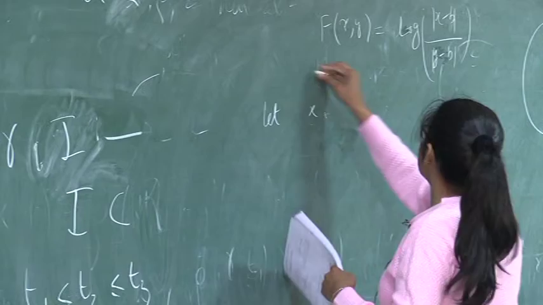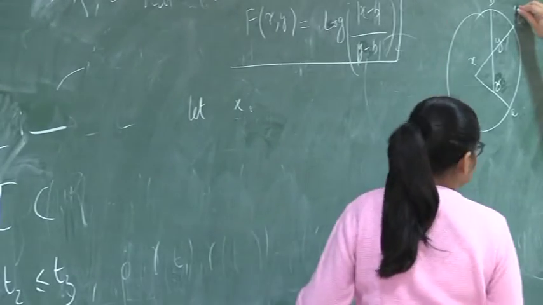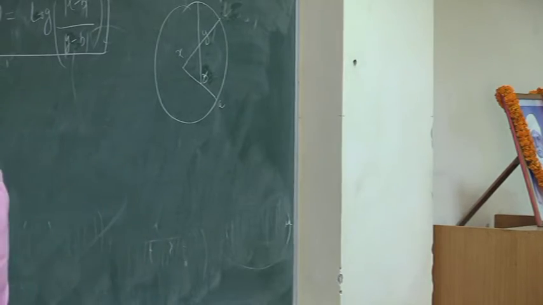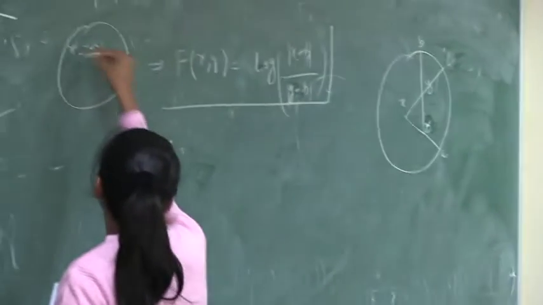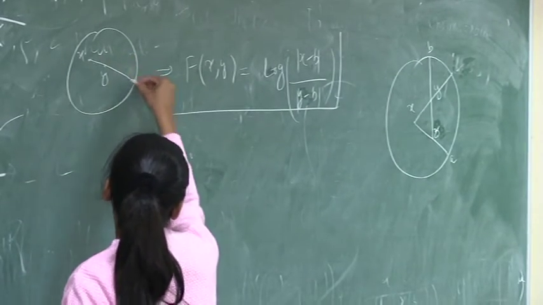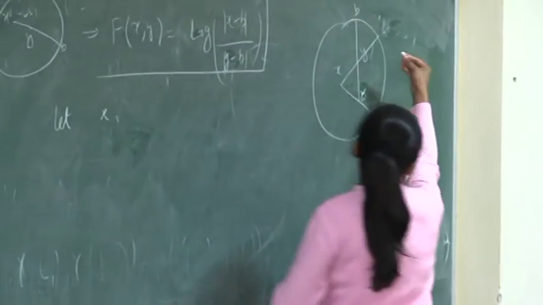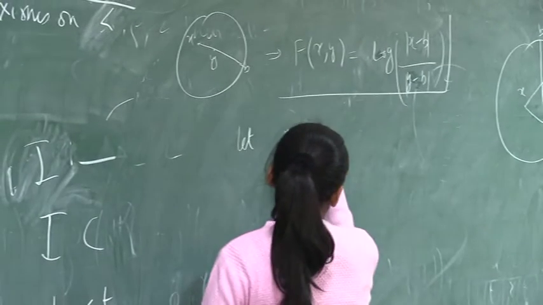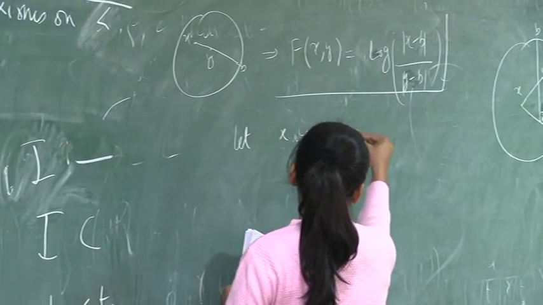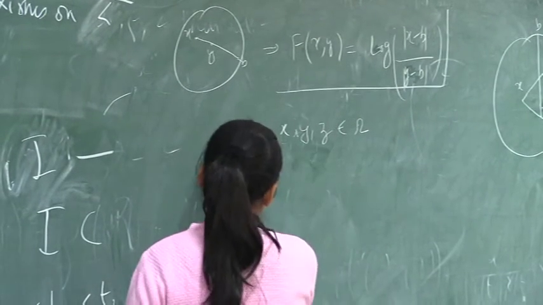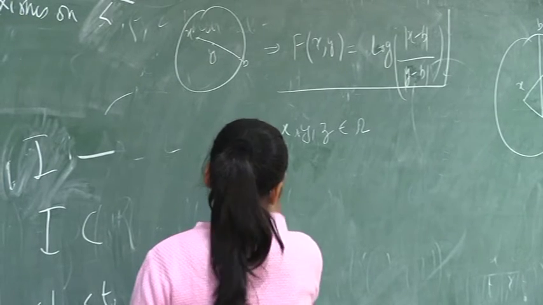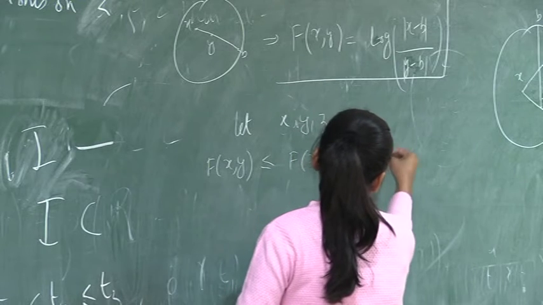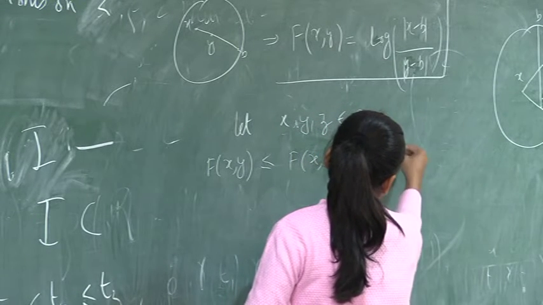I've written this generally. Forget it. I have written it generally. The matrix I have written for this x, y, and b. Now I am taking this to be a, b, and c. X, y, z from omega, and we have to prove that fxy is less than or equal to fxz plus fzy.